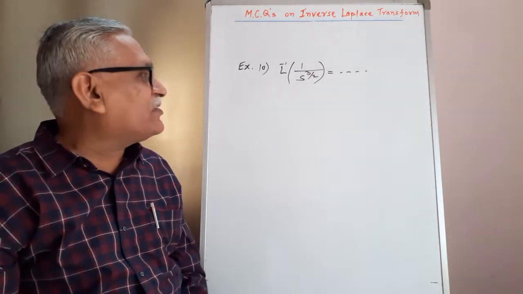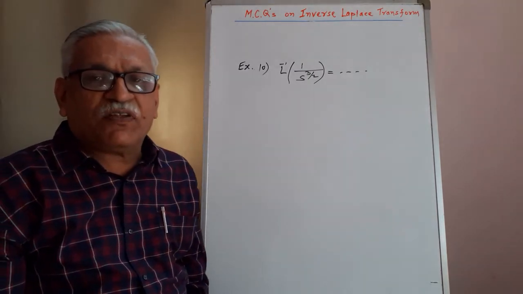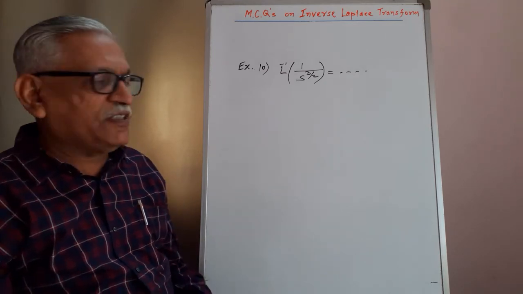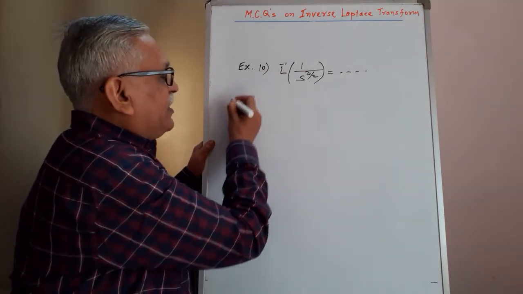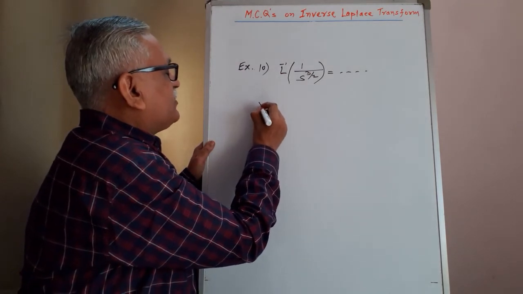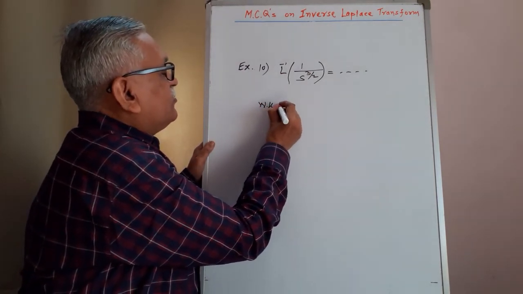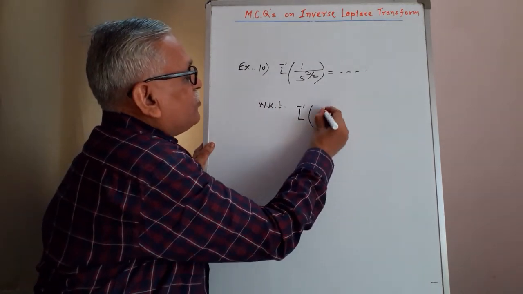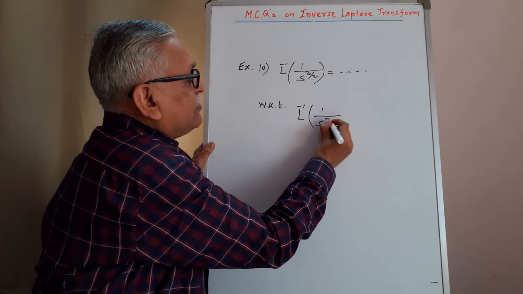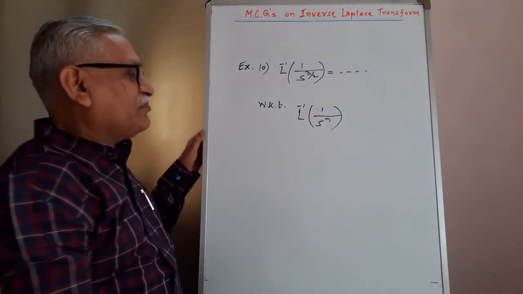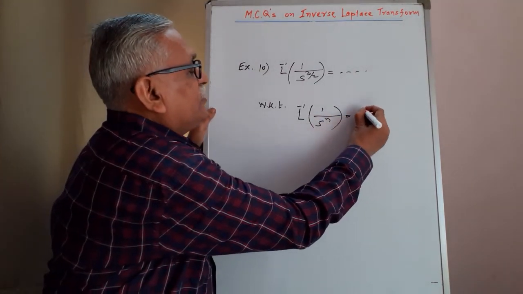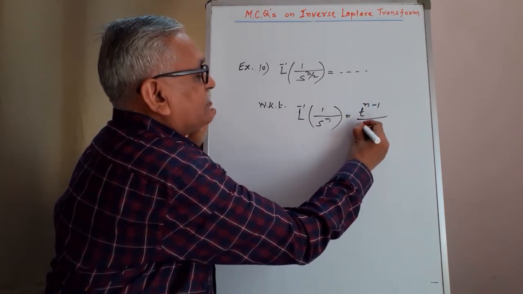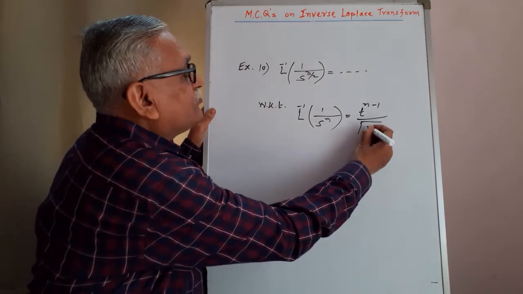Example number 10, last example. Find inverse Laplace of 1 upon s raised to 3 by 2. The power n is not a positive integer here, and to find that inverse Laplace, we take the help of the standard result. We know that inverse Laplace of 1 by s raised to n, if n is not a positive integer, is t raised to n minus 1 divided by gamma n.